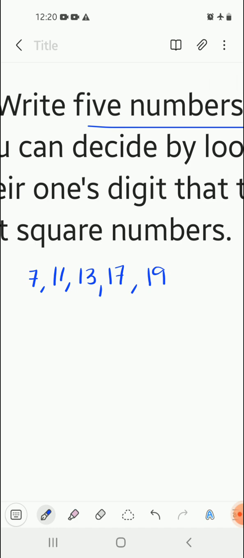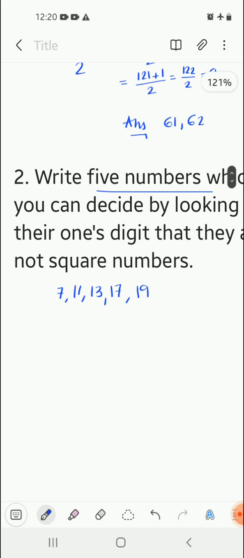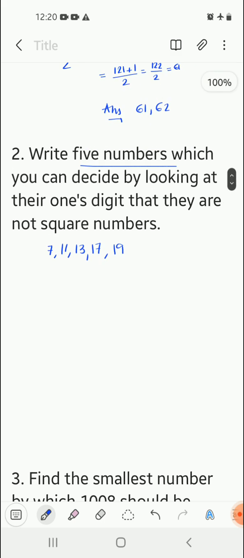But other than that, there is another way to find these numbers. There is a rule. We are going to write the rule as well.